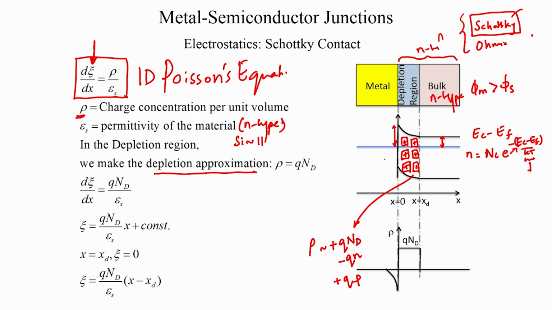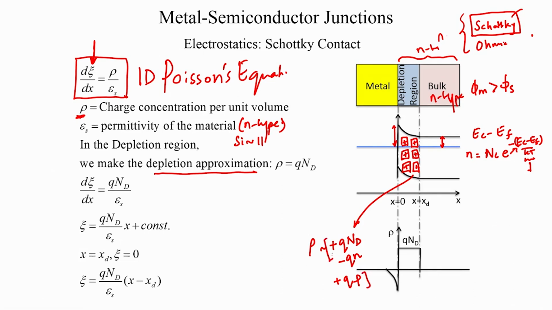And if we have counter doped this material, if you have added both Nd and Na and kept Nd greater than Na, we will also account for the ionized acceptors by writing minus Q Na. But here let us keep it simple, let us say there is no counter doping, it is just these three components.